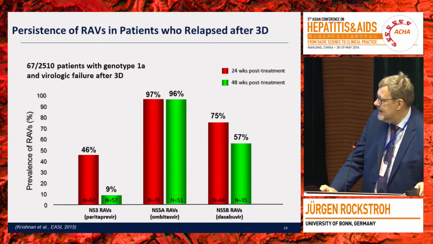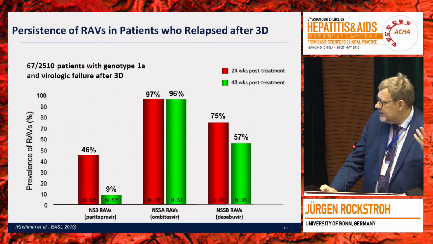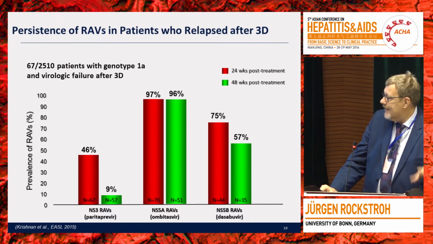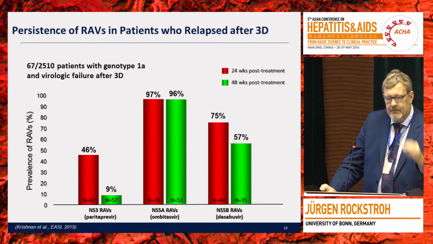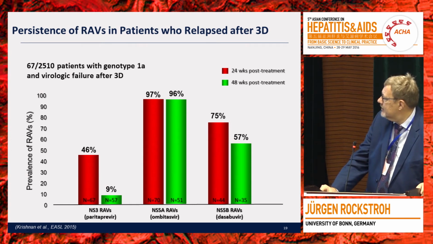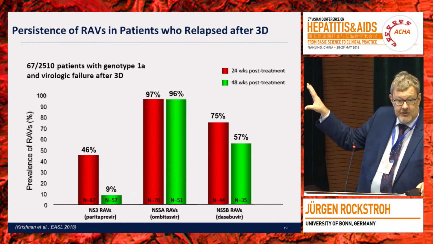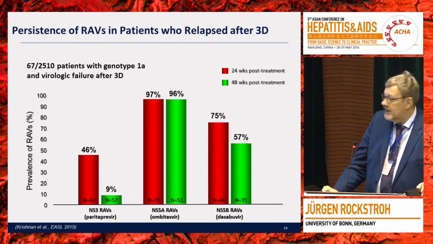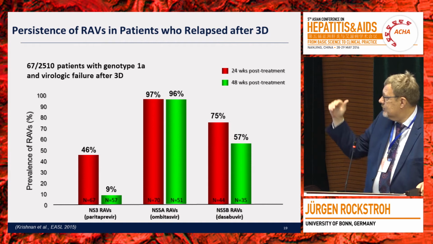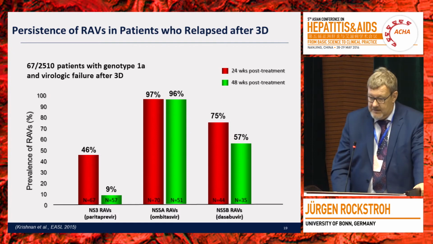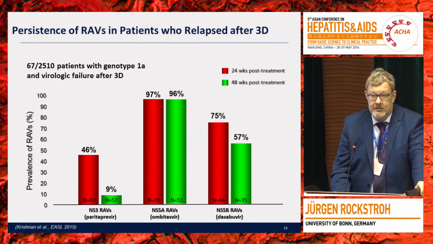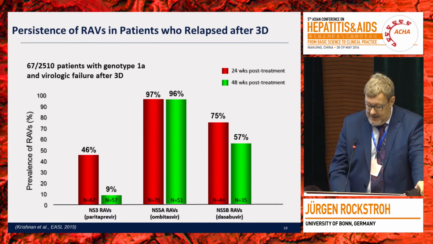So you can easily see that for the PI mutations to paritaprevir, after 48 weeks, there's only 9% left with a resistance-conferring mutation, whereas there's no change in the beta-sphere mutations, and there is something in between for the NS5B inhibitor. So it really tells you that NS5A inhibitor-related mutations are the ones to think about and to worry about, because those are the ones which remain at a high frequency and persist after virological failure.